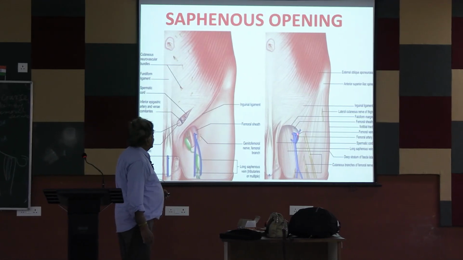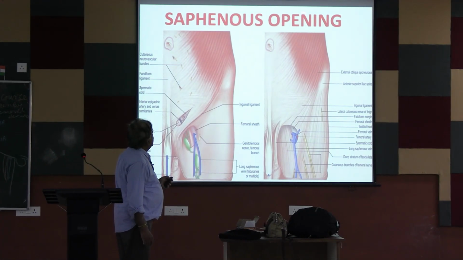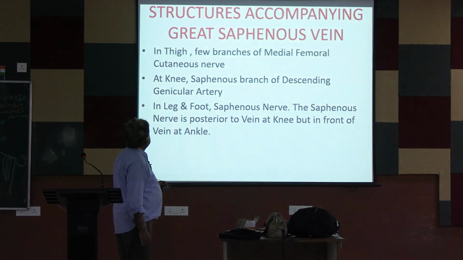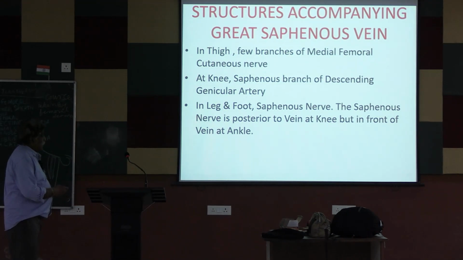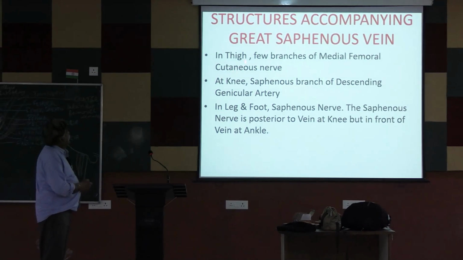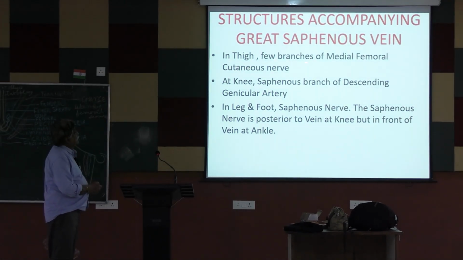Now similarly here, structures accompanying great saphenous vein. Now in thigh, few branches of medial femoral cutaneous nerve. At knee, saphenous branches of descending genicular artery.